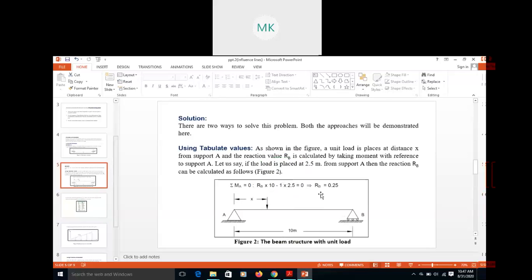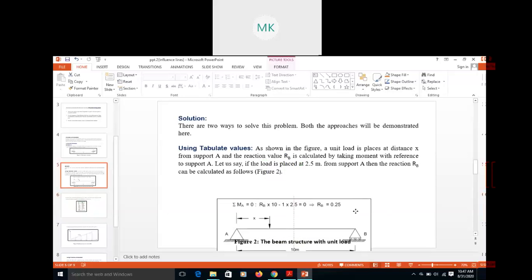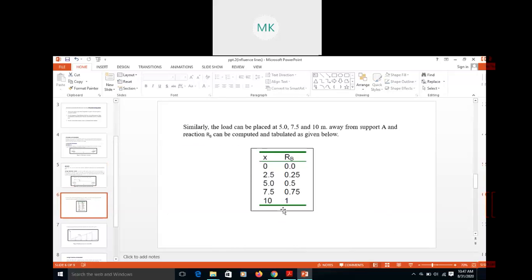Just calculate this. Are you able to get it or not? And when you put it at the last point, 10, at the point B, you will always get 1. So remember this step.